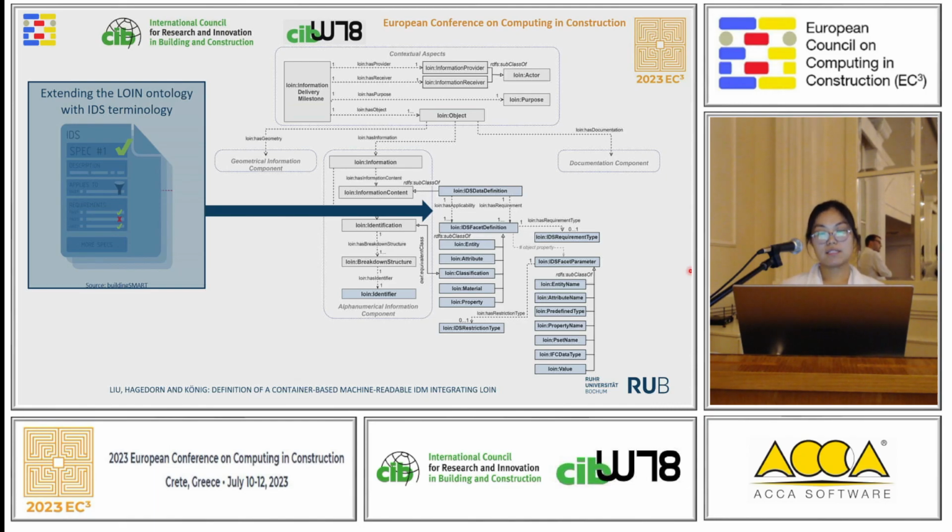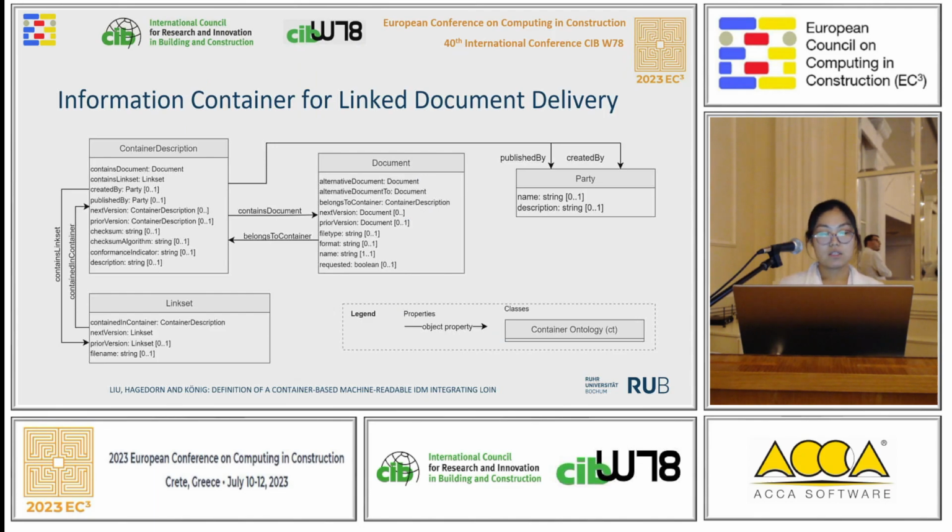So as a last step of the ontology development, we will address the connection of the ontology to the ICDD terminology. As we already mentioned at the beginning of the presentation, comprehensive data can be delivered in the form of different documents for one exchange process. Therefore, an information container is more feasible for data exchange through different phases of the construction life cycle.